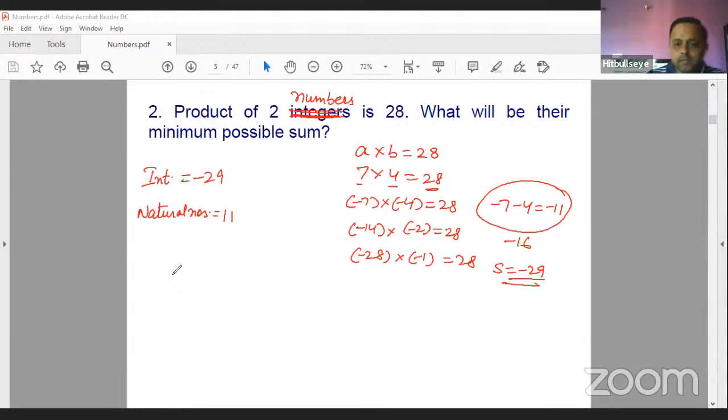So what will be the answer? For the numbers, what would be the answer?